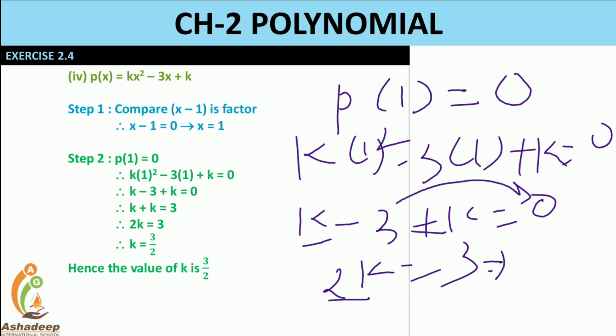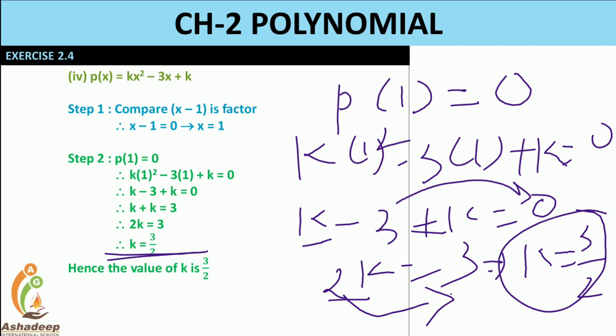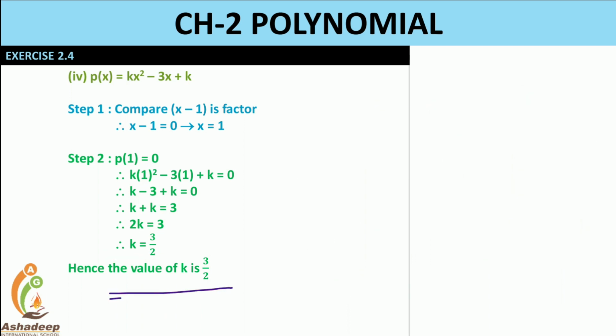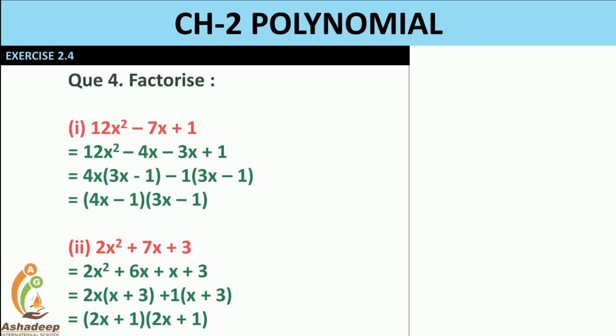So that implies now 2 from the numerator goes into the denominator, therefore k is equal to 3 by 2. So the value of k is 3 by 2. Right? Simple sum.